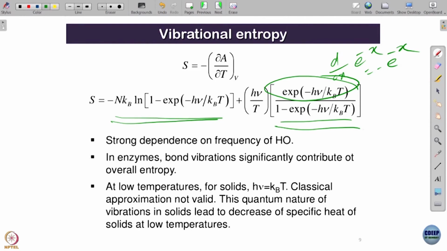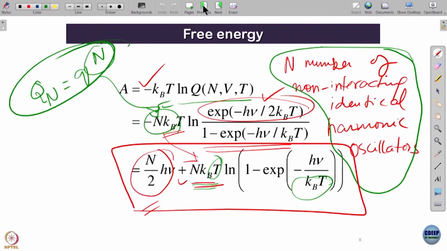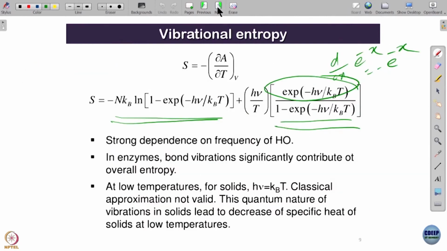So, what happens in that derivative? There is one negative here, and that gets cancelled by this negative. Another negative comes from here, a third negative, but then a fourth negative comes from here. So, I get a positive term.